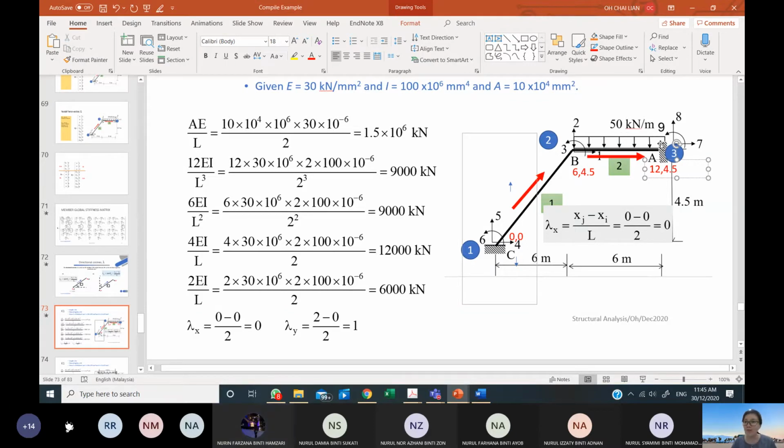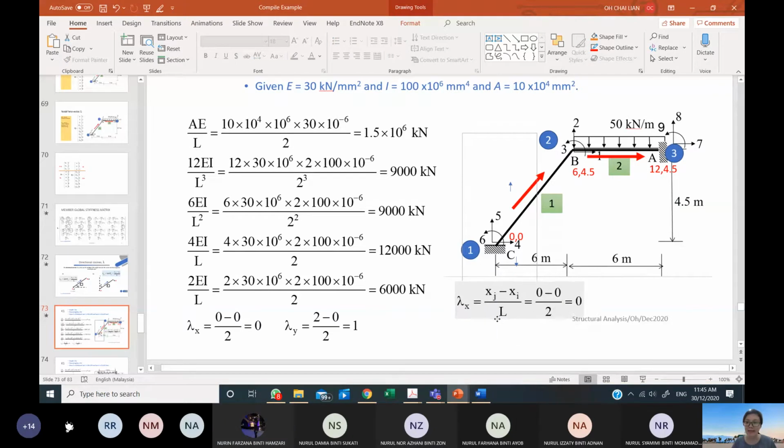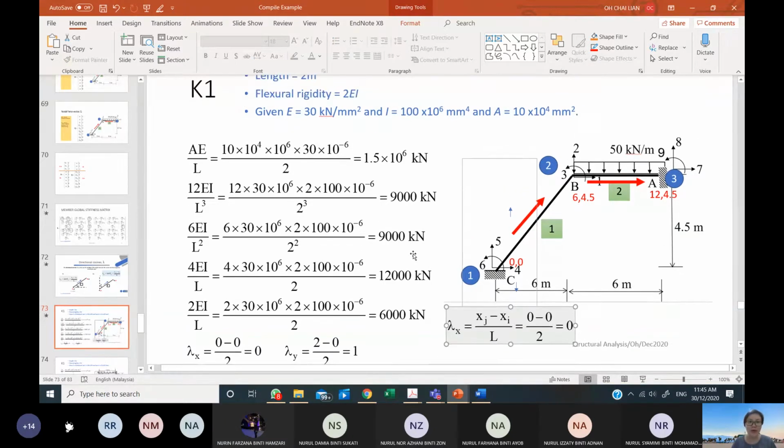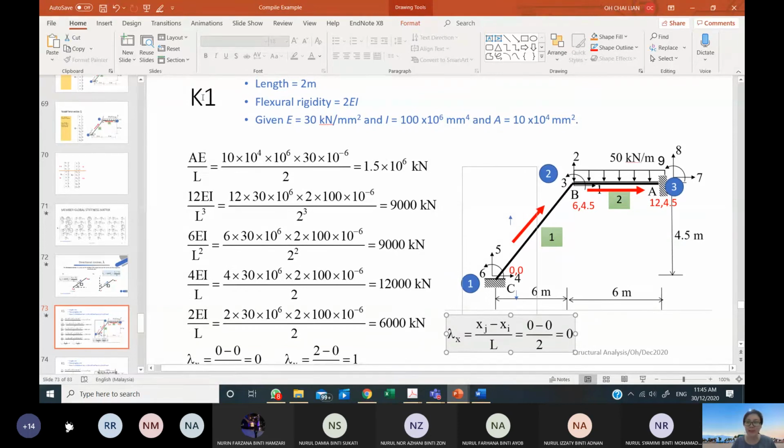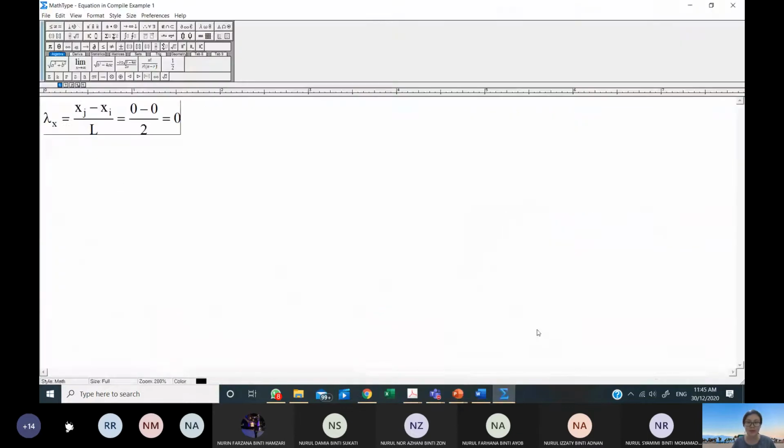So now from here we can get our lambda x and also lambda y. I'll put the lambda x here. For now we are doing element number 1 first. The x value will be 6 minus 0, with the length. You need to calculate the length for me.